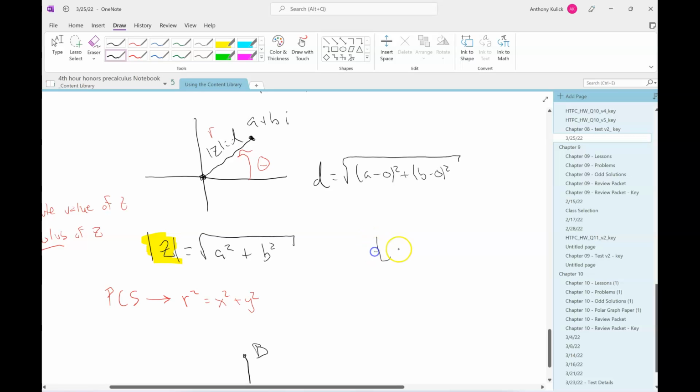Oh, come on, guys. We can say that tan theta is equal to B over A.